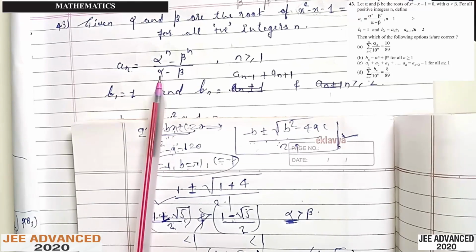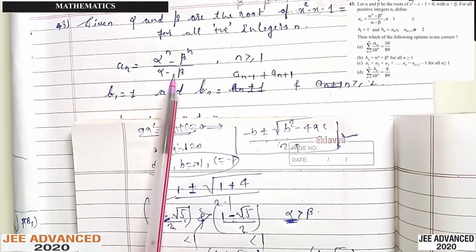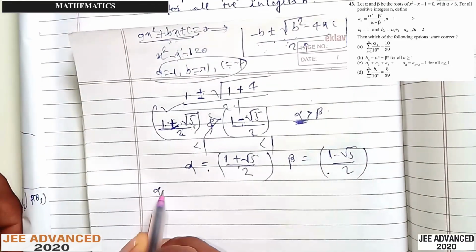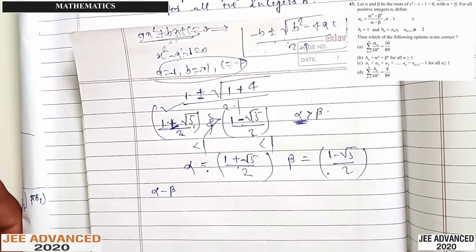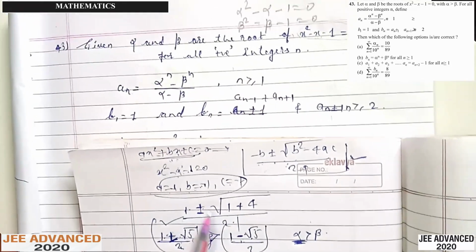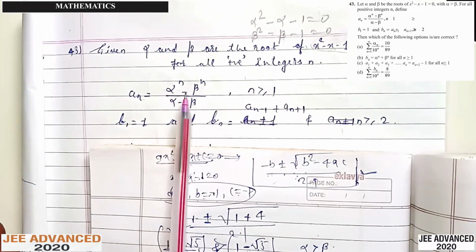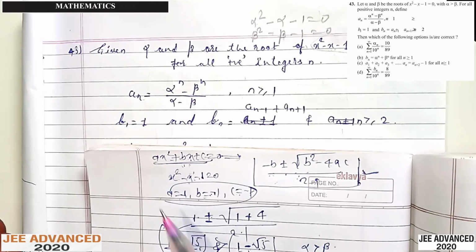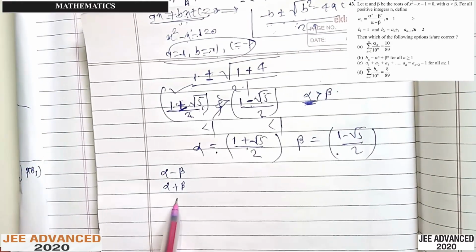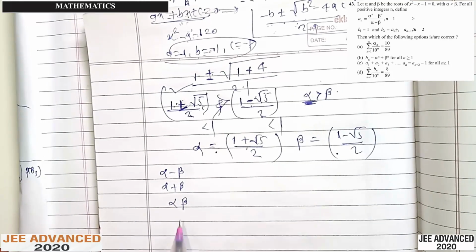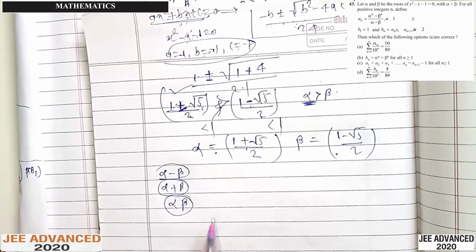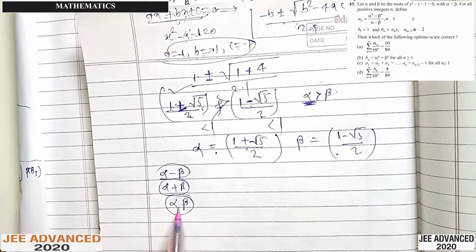We have the denominator alpha minus beta, so we have to find its value. Because the numerator is alpha raised to n minus beta raised to n, we may also need alpha plus beta and alpha into beta. So we have to find all these three values: alpha minus beta, alpha plus beta, and alpha into beta.